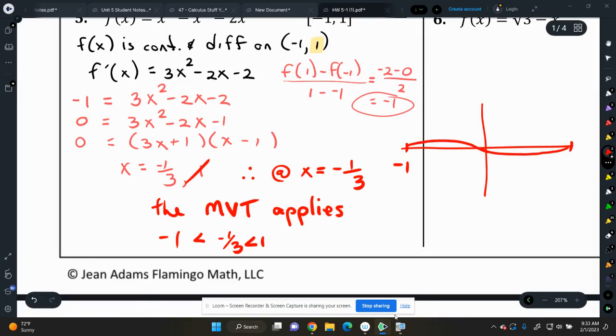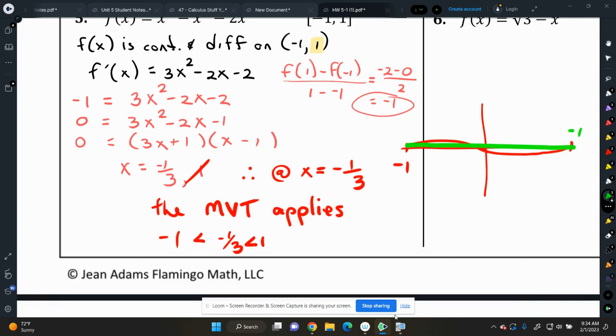It's roughly something like that, okay? So between -1 and 1, the slope of that secant line is -1.